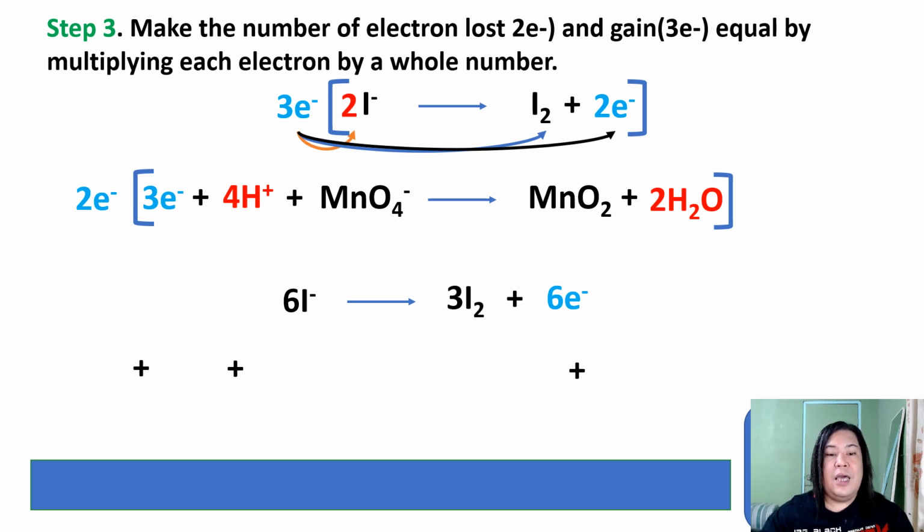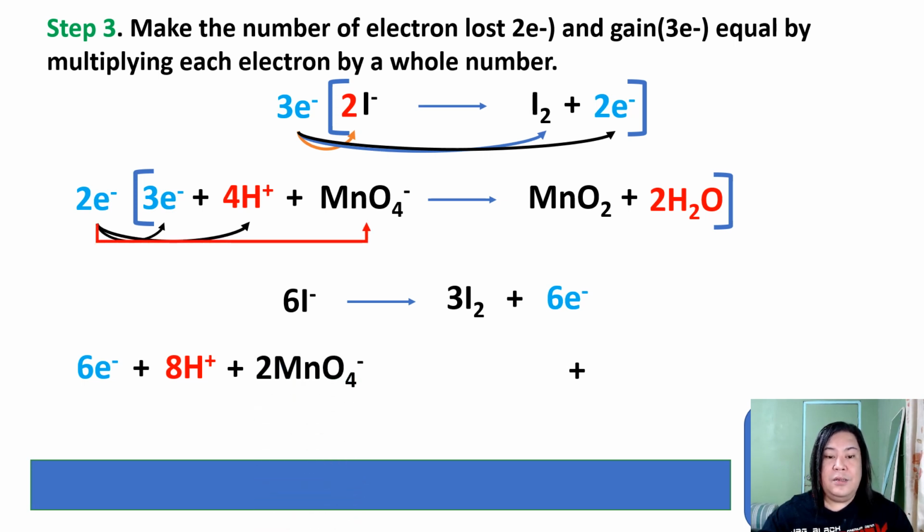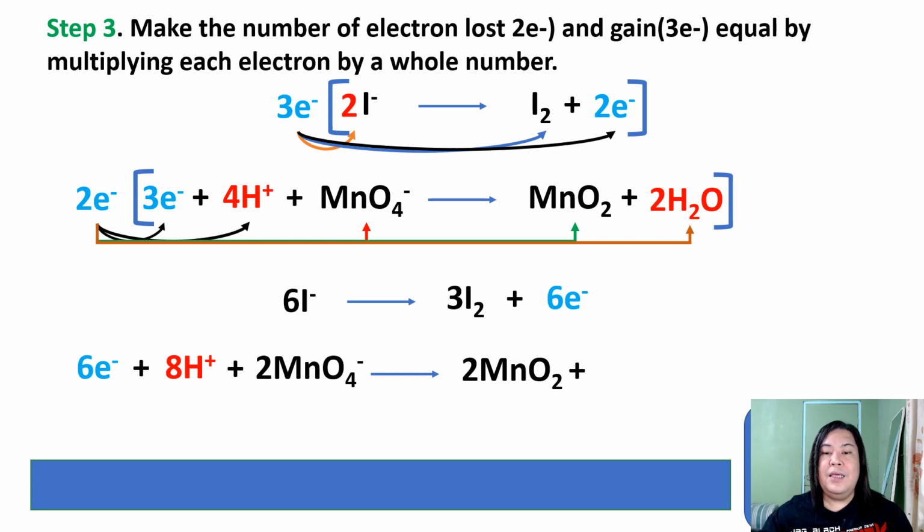Then the next half reaction, 2 times 3, the number of electrons is 6. Then 2 times 4, you will have 8 hydrogen ion. Then 2 times 1, you will become 2 permanganate ion, yields 2 times 1 again, manganese dioxide, that is 2 moles of manganese dioxide, and 2 times 2, so 4 H2O.